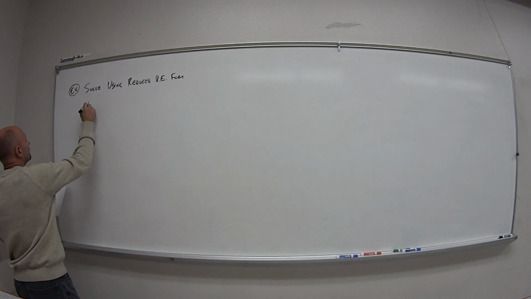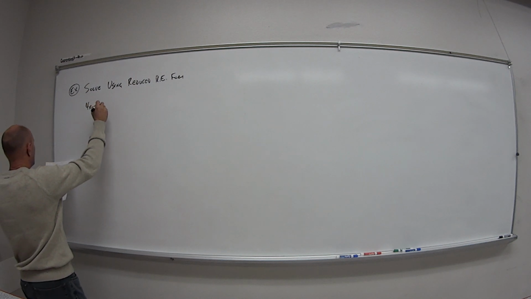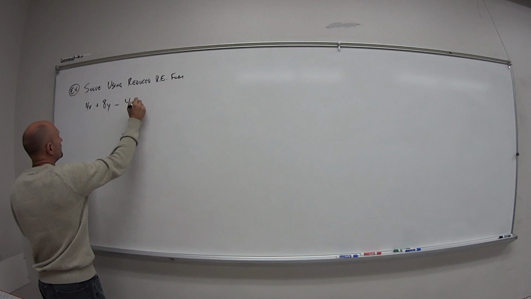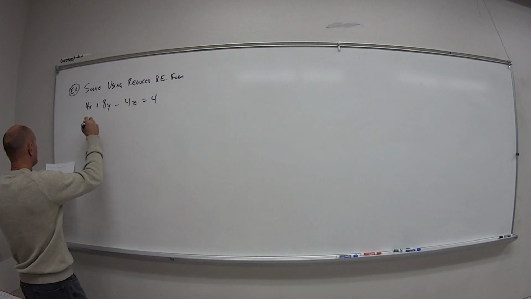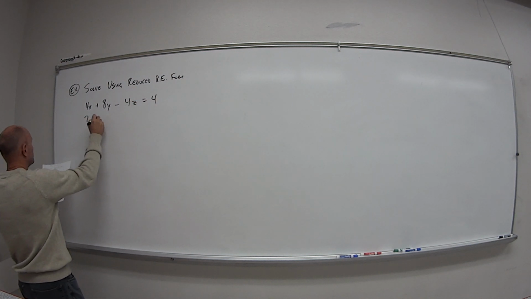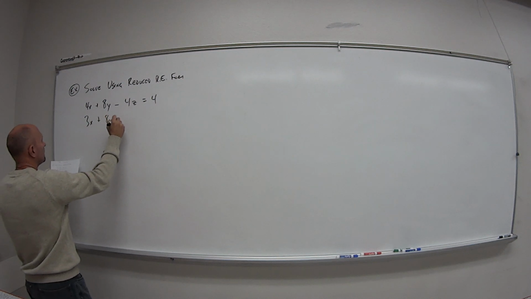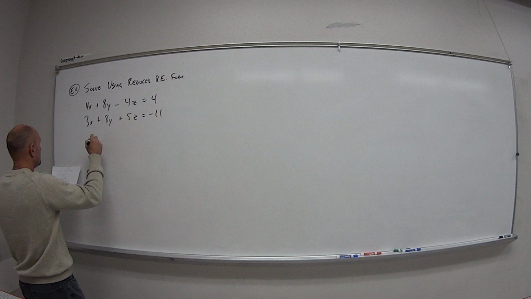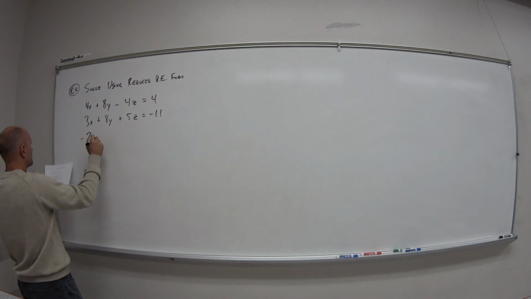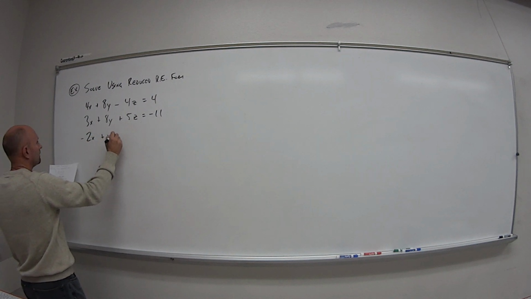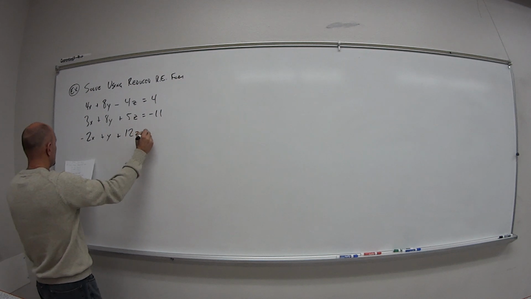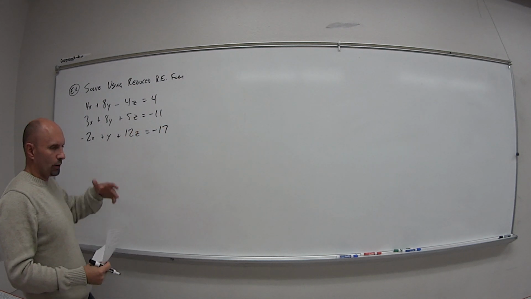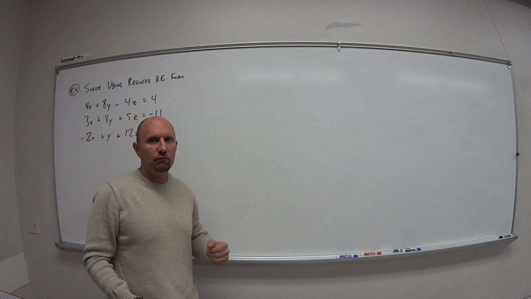And let's say that we have the same system we had before. 4x plus 8y minus 4z is 4. 3x plus 8y plus 5z equals negative 11. And minus 2x plus y plus 12z equals negative 17. So again, this is the example we had in video 3.